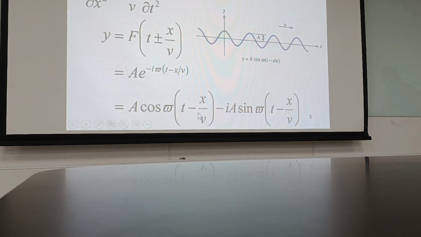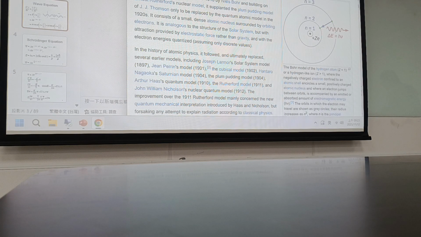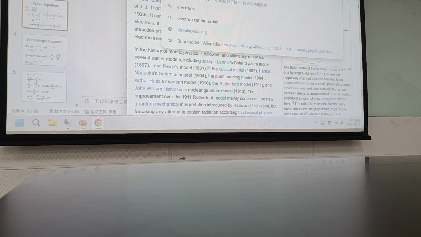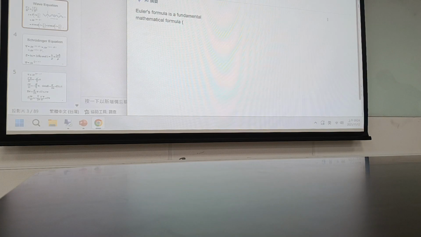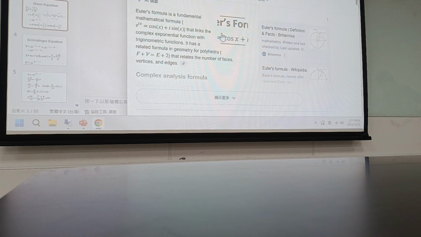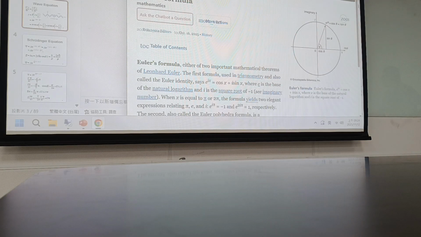This is what we call the Euler formula, or Euler equation. The Euler equation puts the exponential and pi together.